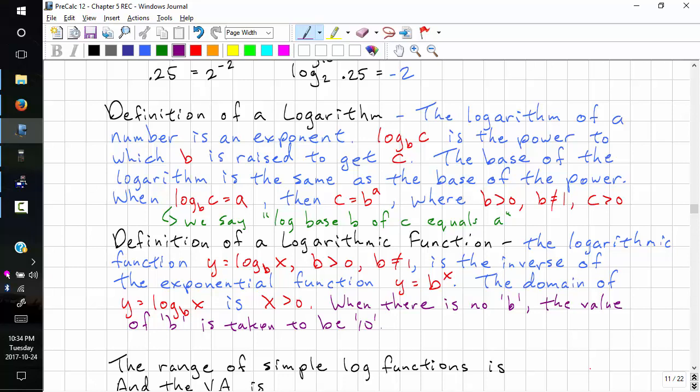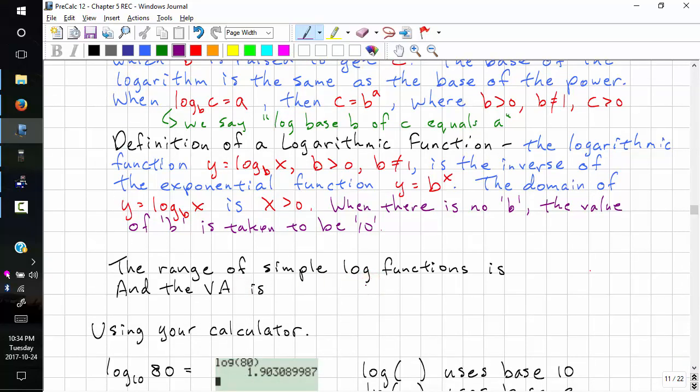Okay, so if b is not specified, it's implied that it's 10. And the reason why b can't be 1 is 1 to the power of anything is always 1. So it's not useful as a logarithm to have b as 1.